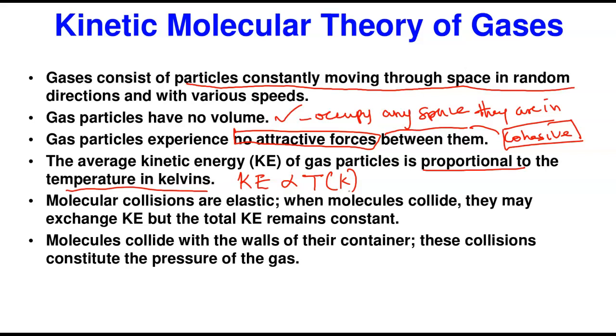for the gas laws to be valid. Now again, molecular collisions. When gas molecules move around, of course, they collide with each other. These collisions are assumed to be elastic. What does that mean? When they collide, they exchange kinetic energies between each other, but the total kinetic energy remains constant. Again, this supports the law of conservation of energy, that no energy is lost.